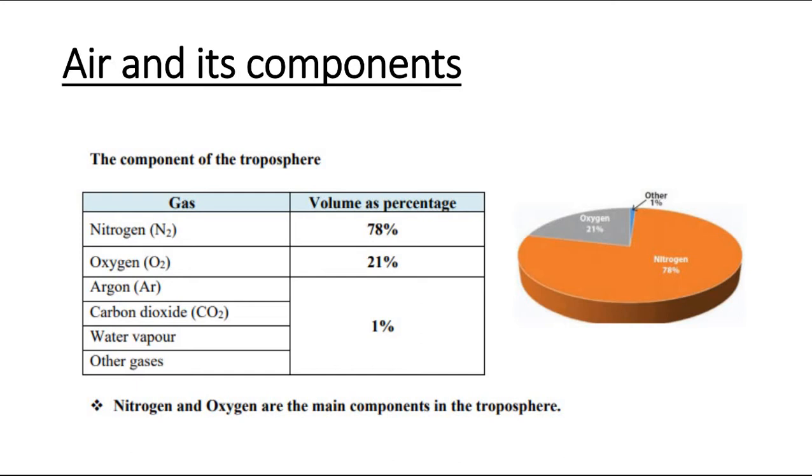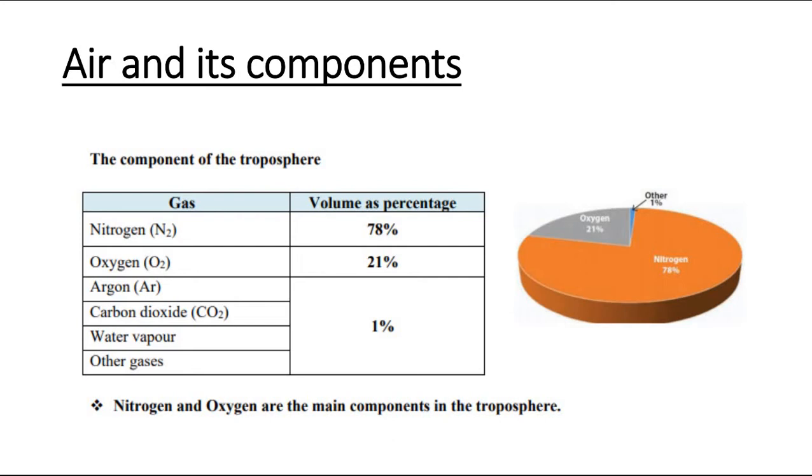Just to recall some things we learned in that, we have 5 layers which make up the whole atmosphere. Troposphere, stratosphere, mesosphere, thermosphere and the exosphere are those 5 layers.